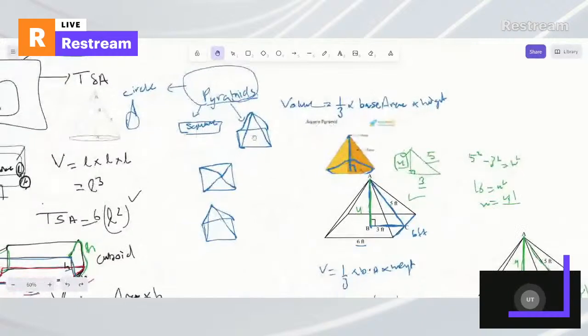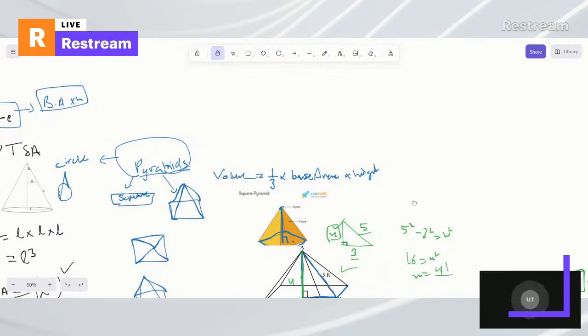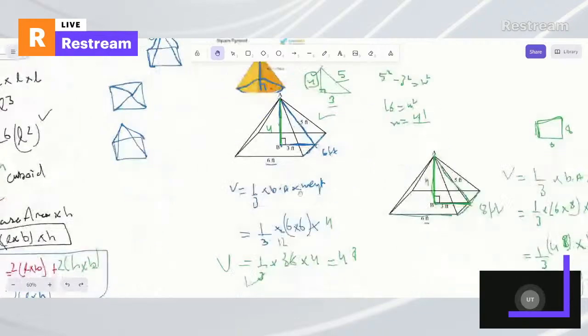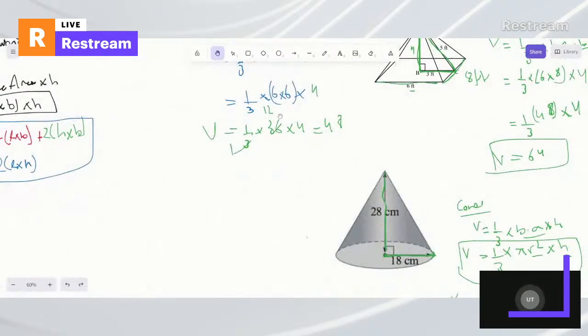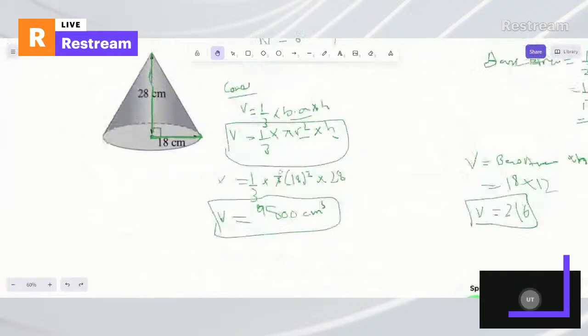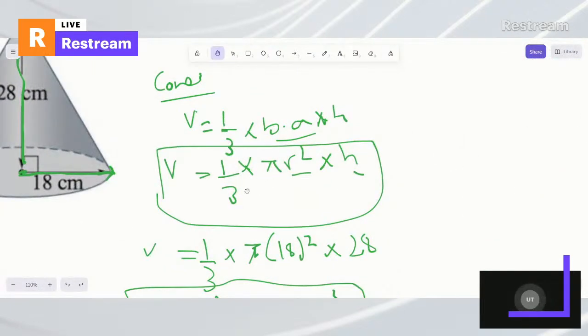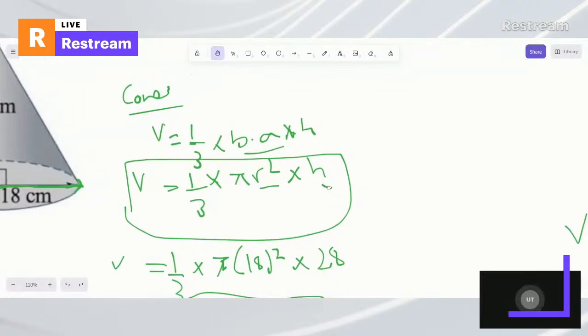Now let's move on to the pyramids. We have the square base pyramid and the rectangle base pyramid. This is the basic volume formula for the pyramids, right? And then we did some working. This formula right here is for the cone: 1 over 3 pi r square h.